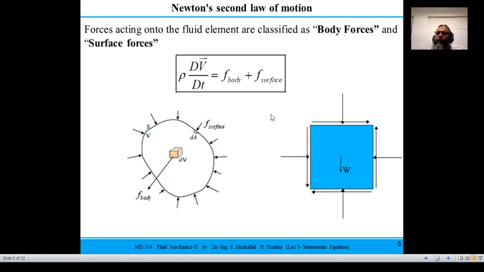As we know, the weight of an object acts on all parts of the body. So here weight would be termed a body force, whereas the normal or perpendicular and tangential forces that act onto the surfaces would be called surface forces.